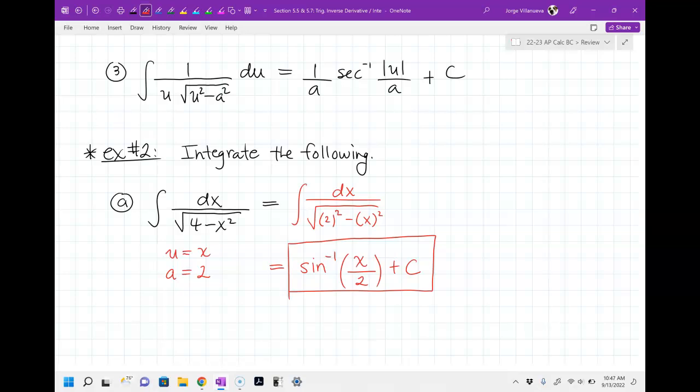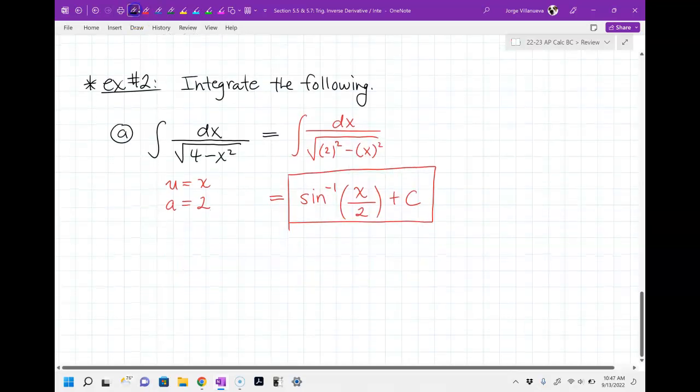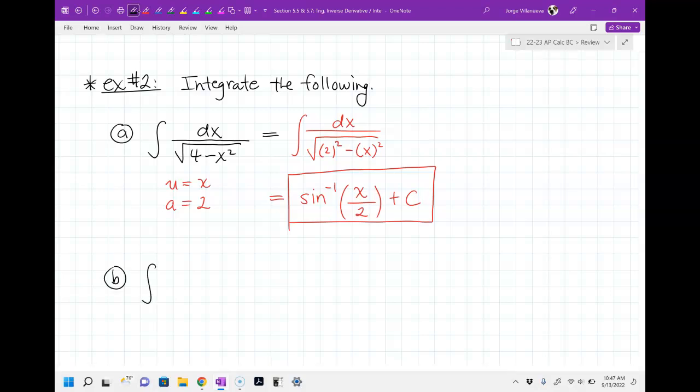So identify your u and a values, and then you're just going to be able to plug them into your definition. Part B, integral of dx over 2 plus 9x squared. Oh, and by the way, you know what I forgot to do?